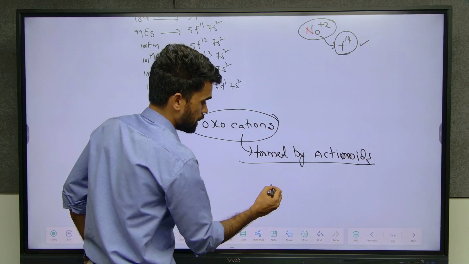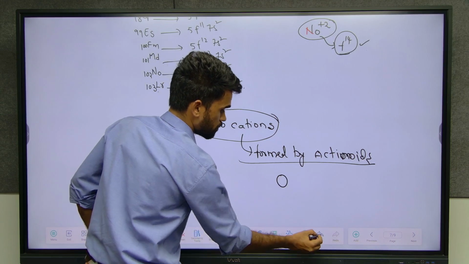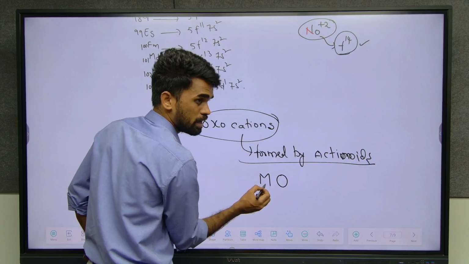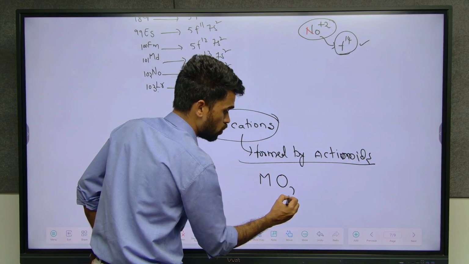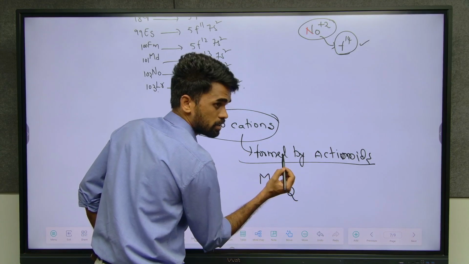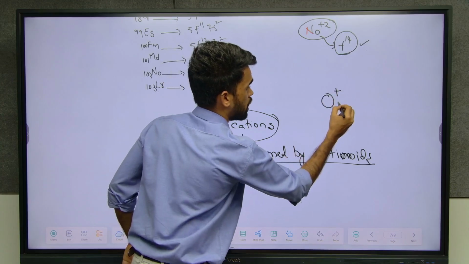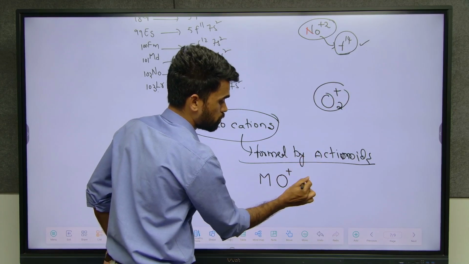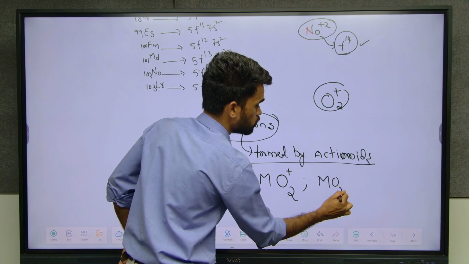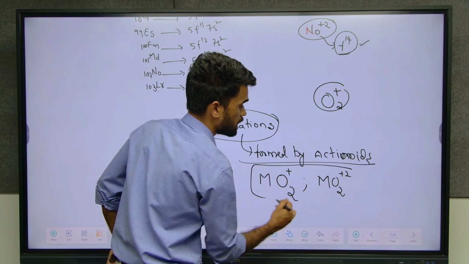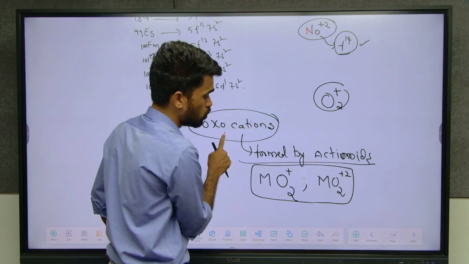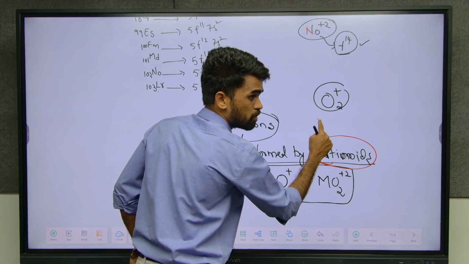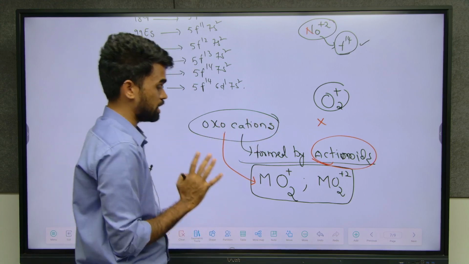For example, here I am writing M, one metal atom like actinides, and oxygen O2 with some positive charge on it. See, oxygen with some positive charge, you should call it oxocations. So MO2 plus or MO2 2 plus type. So these are examples for oxocations. Who will form these oxocations? Only actinides. It cannot be formed by lanthanides. Remember, this is a very important statement.